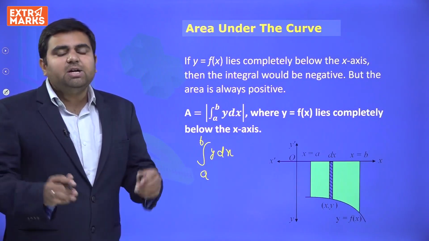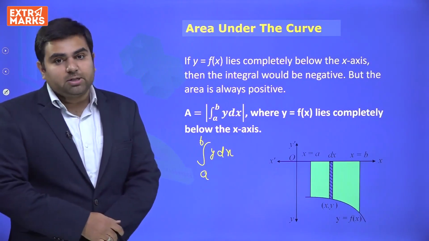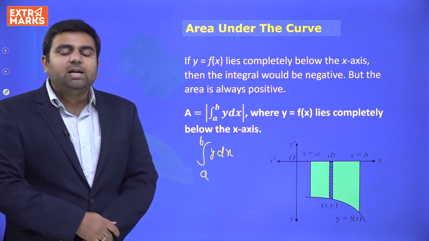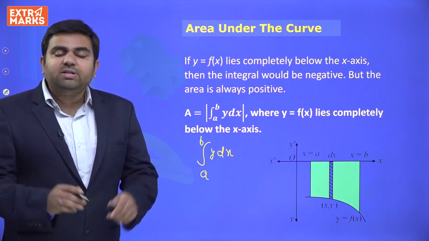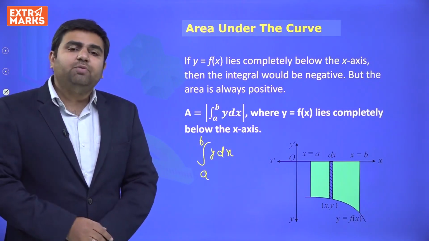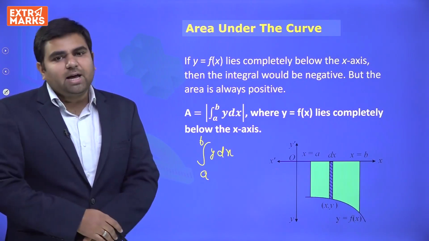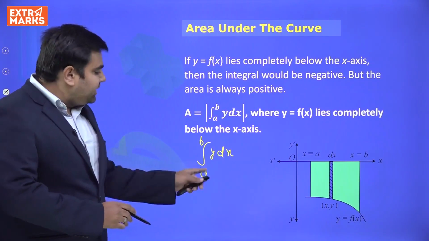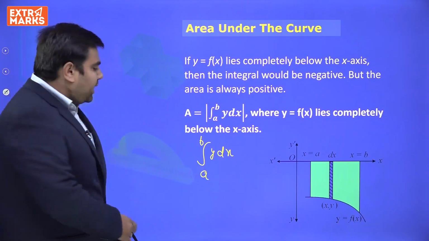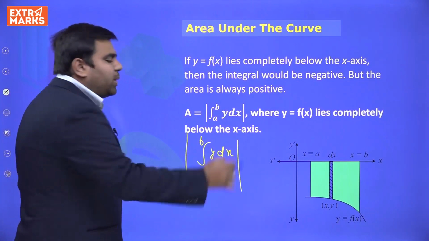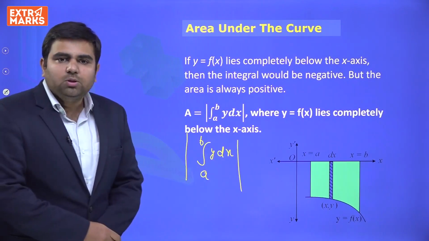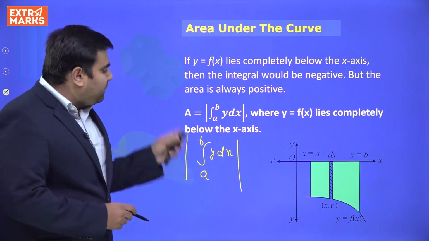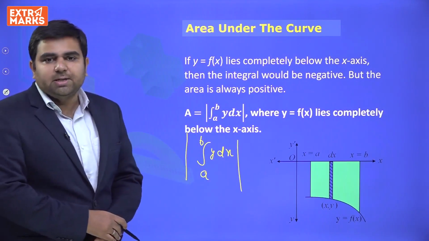But area is a quantity which is always positive or zero. Area can never be negative. Since area is a physical quantity which is either zero or positive, it cannot be negative, but this integration will come out to be negative. Therefore, its numerical or absolute value is obtained by applying a modulus across this integration.